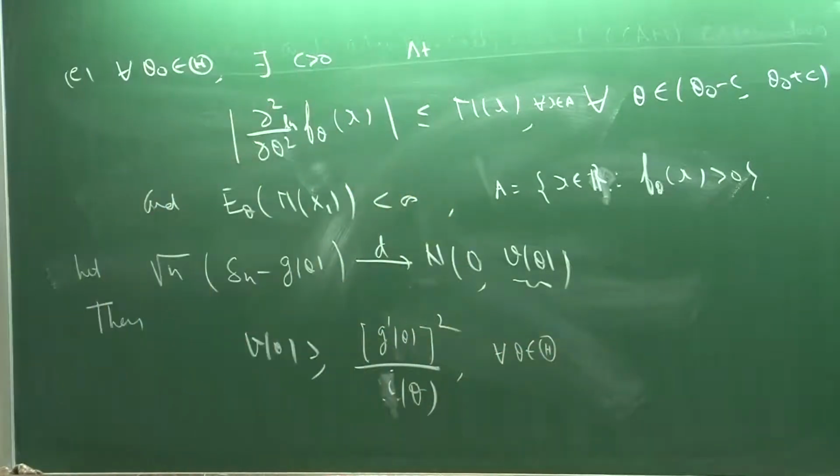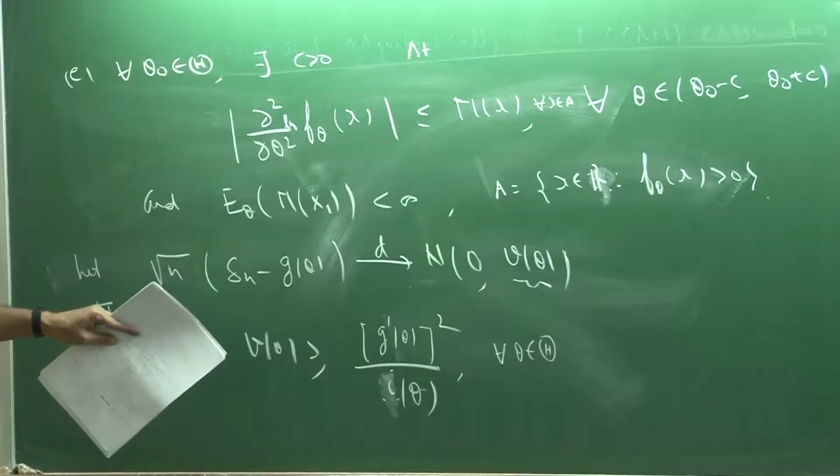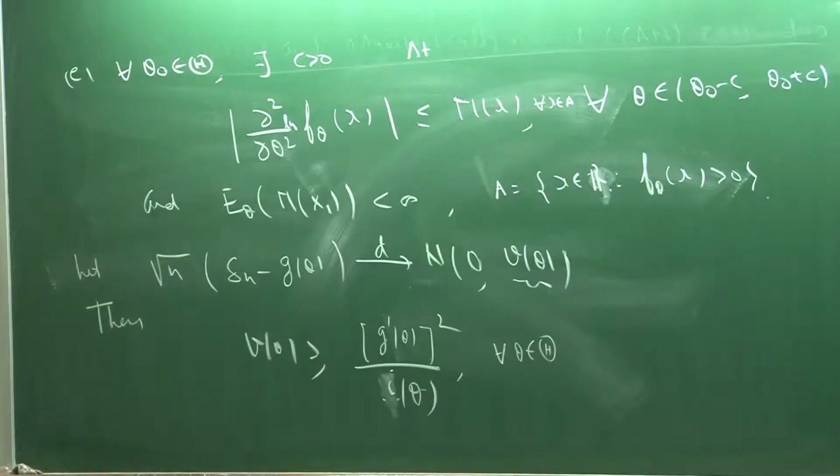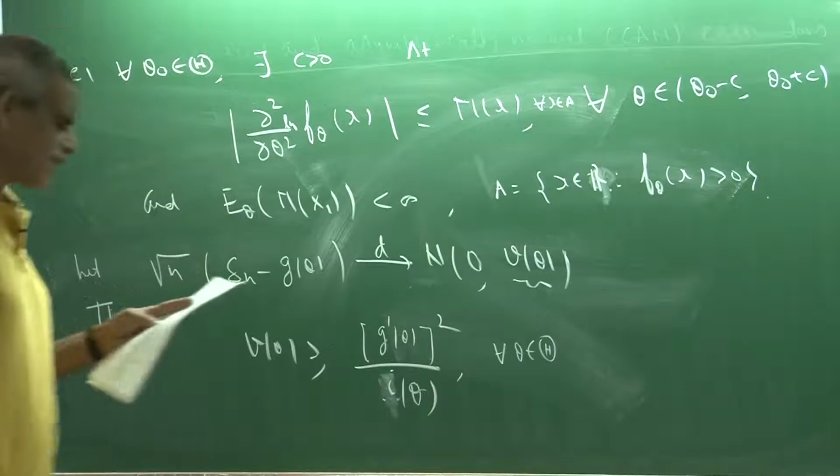Now, what may happen is that it may hold almost everywhere. That means it will hold for every theta belonging to Theta, except on a set of Lebesgue measure 0.